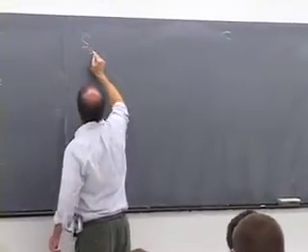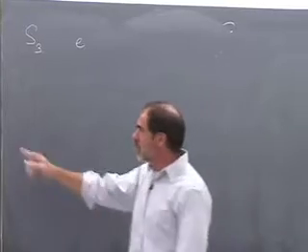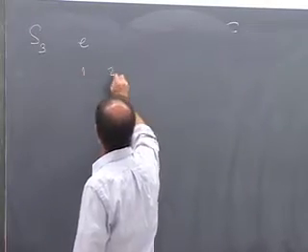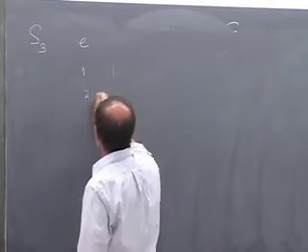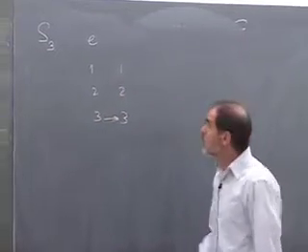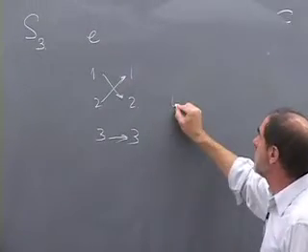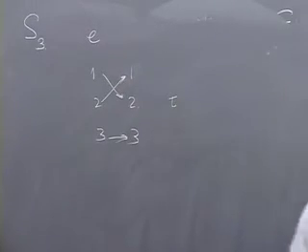S3. So of course we have the identity element. That one we already knew about. Now we have an element like this tau. Namely, we can forget about the fact that we have 3 elements, leave the 3rd element fixed, and just permute the first 2. Like that. Let's call that element tau. We've already seen that element.